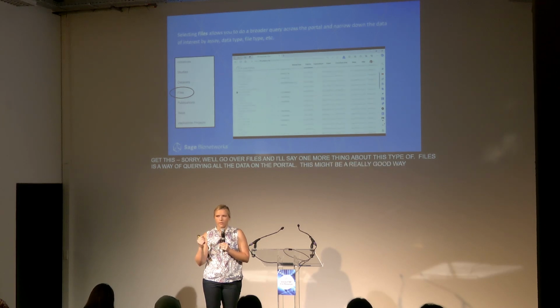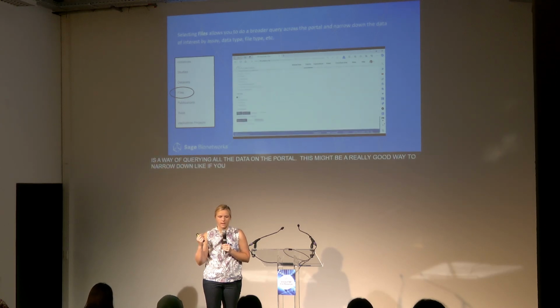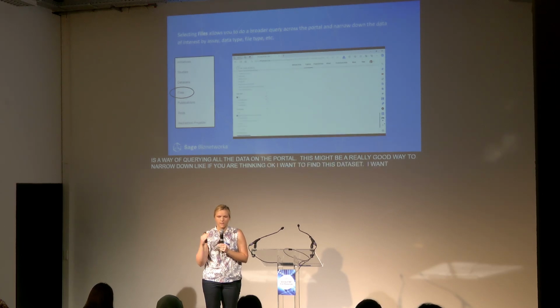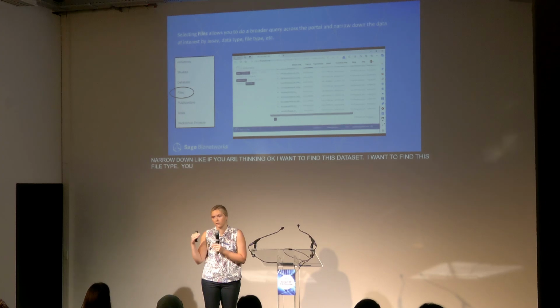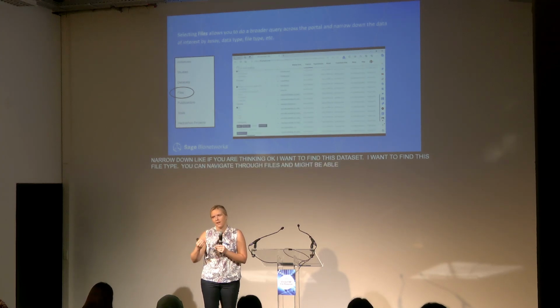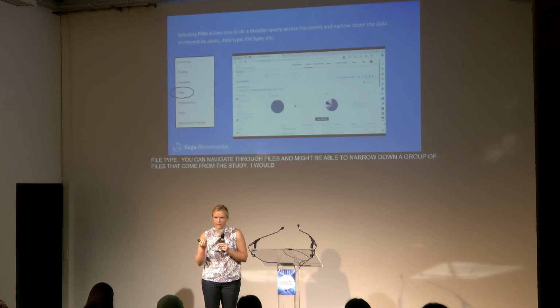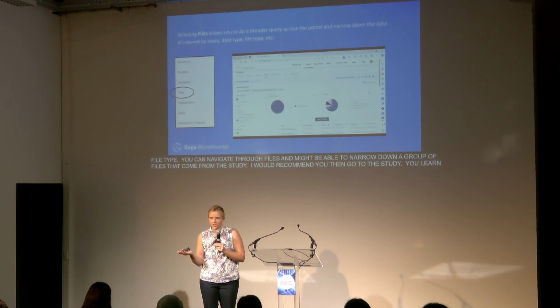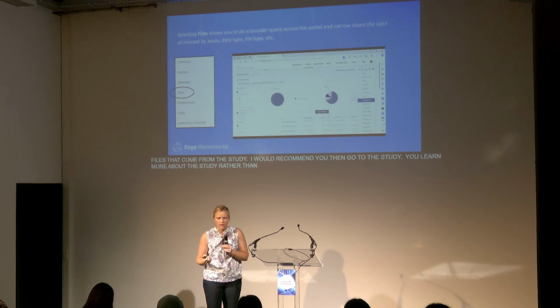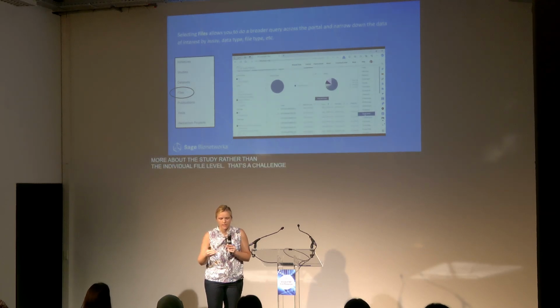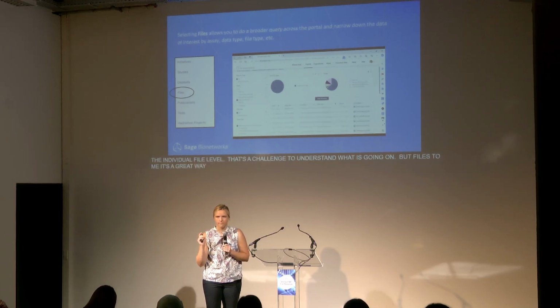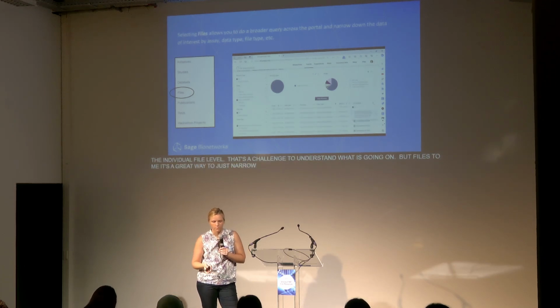If you are thinking, okay, I want to find this data set, I want to find this file type, you can navigate through files, and you might be able to narrow down a group of files that come from the study. I would recommend you then go to the study and learn more about the study rather than the individual file level. That's a challenge to understand what's going on. But files, to me, is a great way to narrow down how many files are available.